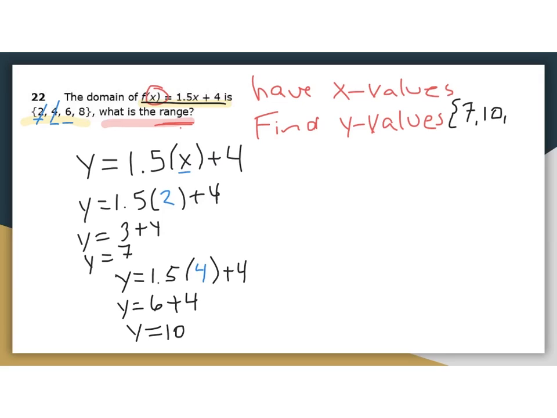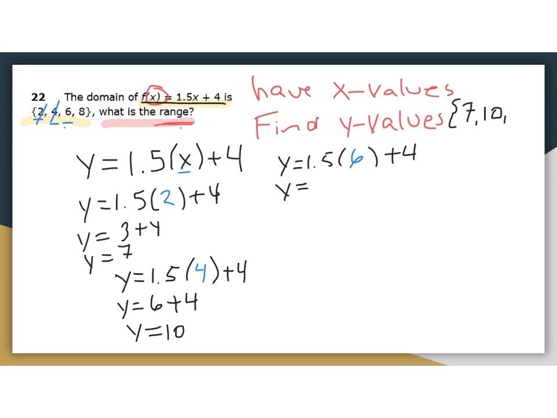Our next value is going to be 6. So we're going to come back. Y equals 1.5 times the x value of 6 plus 4.